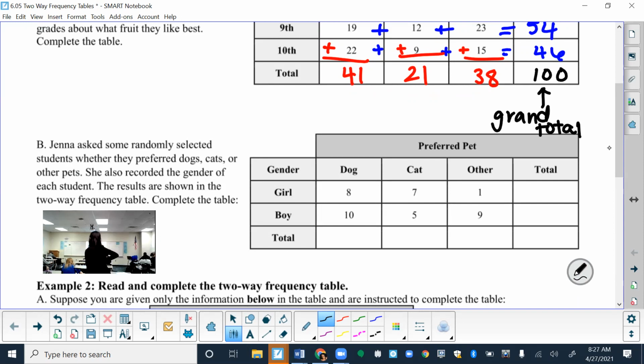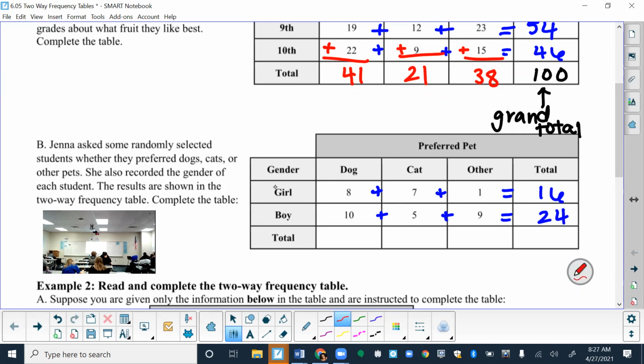All right, so just making sure we know that the rows add up together and the columns add up together. So what did we get for this first total here? 16. Should be 16, good. Over here, add these rows, what do we get? 24. Good.